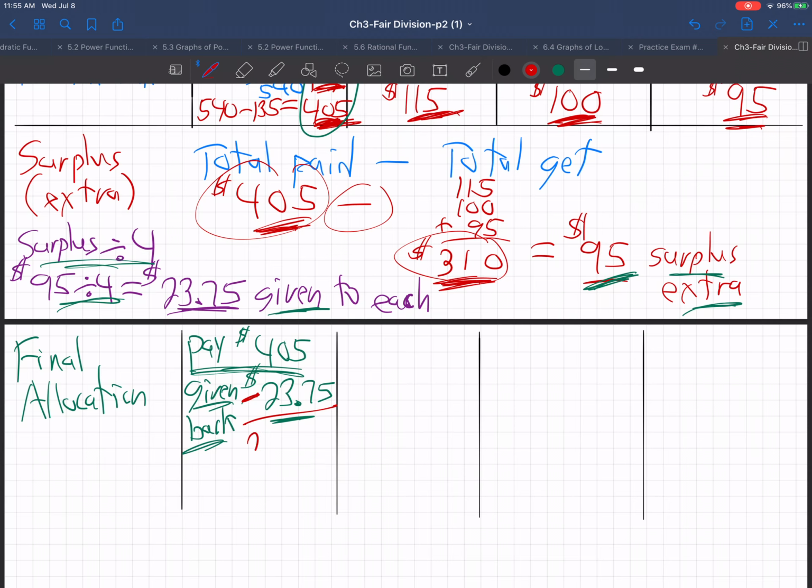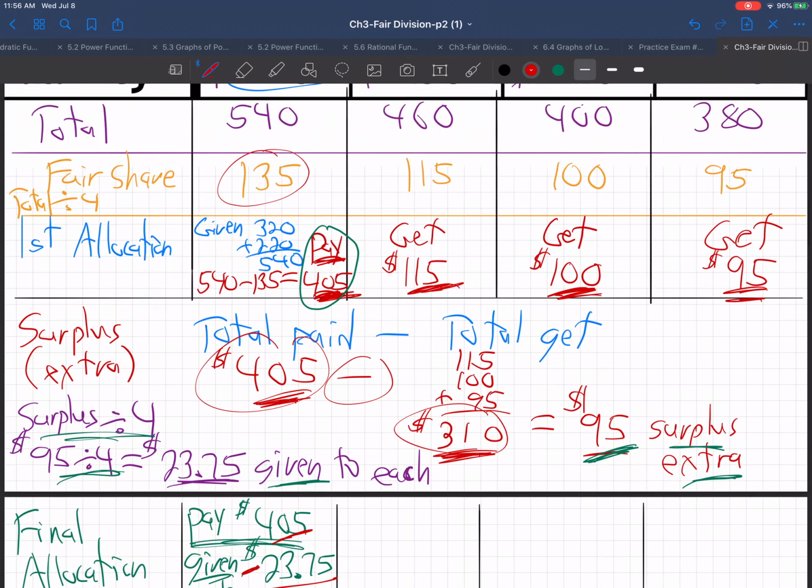I'm getting 381.25. So that's the amount A is going to have to pay in the end. Originally he paid 405, but then he got some money back from the surplus. So in the end he's going to pay 381.25. But he does that because he gets both the vanity and the desk. So let's go put that number up there.